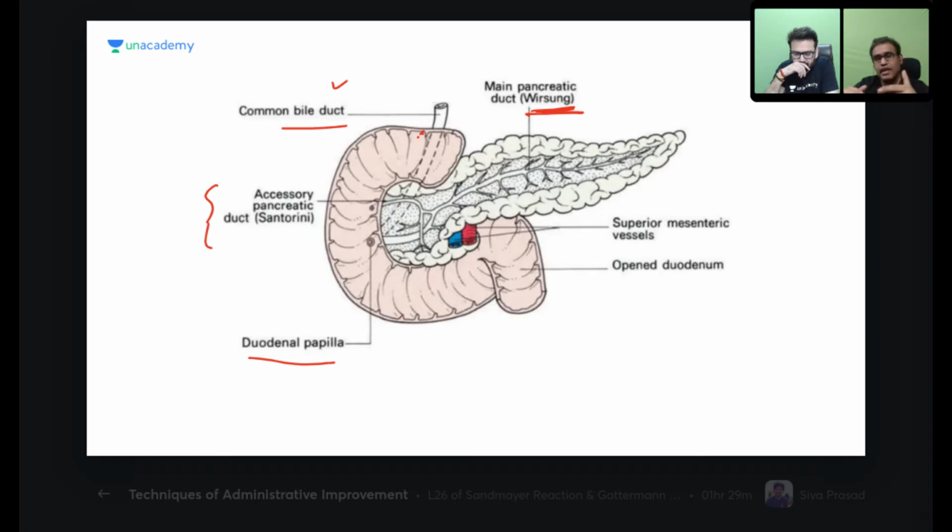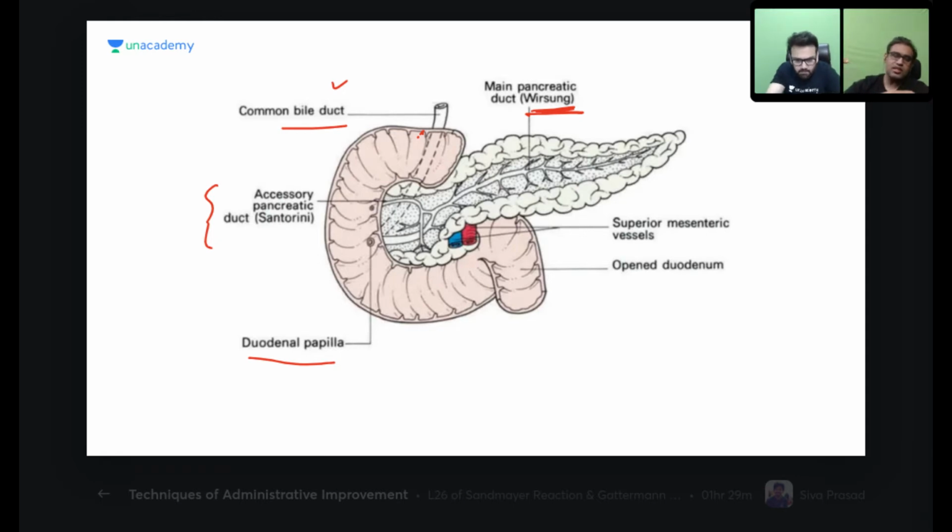So what happens? Imagine a case of pancreas divisum when both the buds did not fuse. Now when both of the buds are not fusing, what will happen? The duct of the dorsal bud will keep on opening where the Santorini opens. Normally where the Santorini opens, it is a small hole, a small papilla.